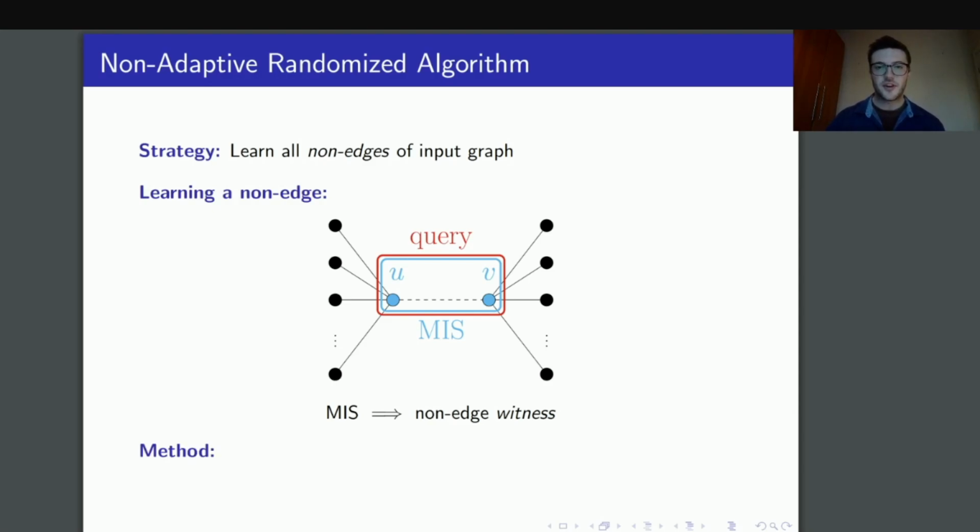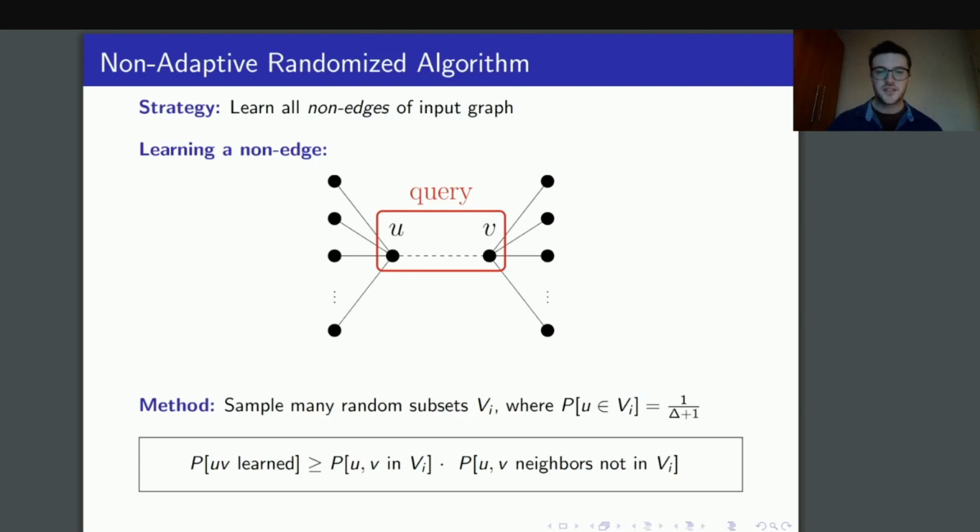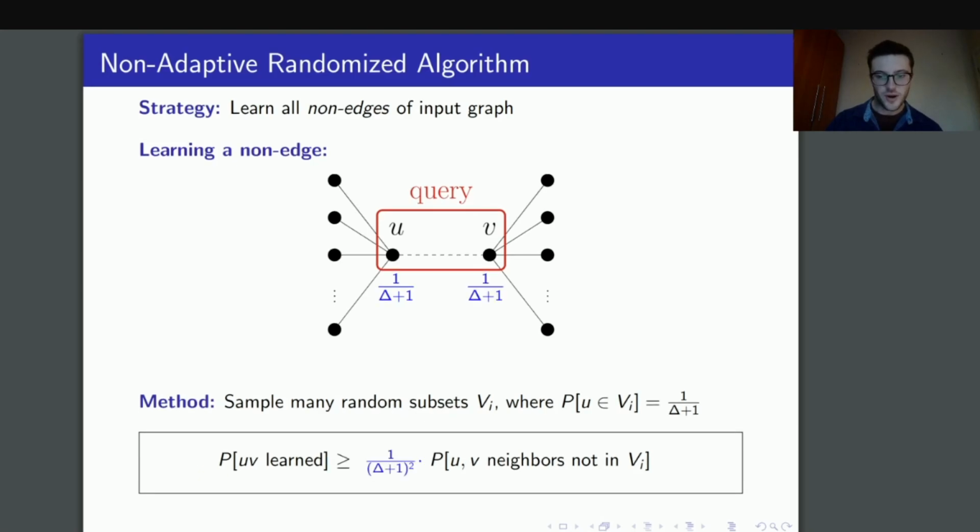Our method now is to sample many random subsets where the probability of inclusion of a vertex is 1 over delta plus 1. This turns out to be an optimal probability. In this scenario, the probability that a non-edge uv is learned has to be greater than or equal to the probability that u and v are included in our query, multiplied by the probability that all of the neighbors of u and v are not included in that query. Looking at the first term on the right-hand side, we see that this must occur with probability of 1 over delta plus 1 squared due to our vertex inclusion probability.